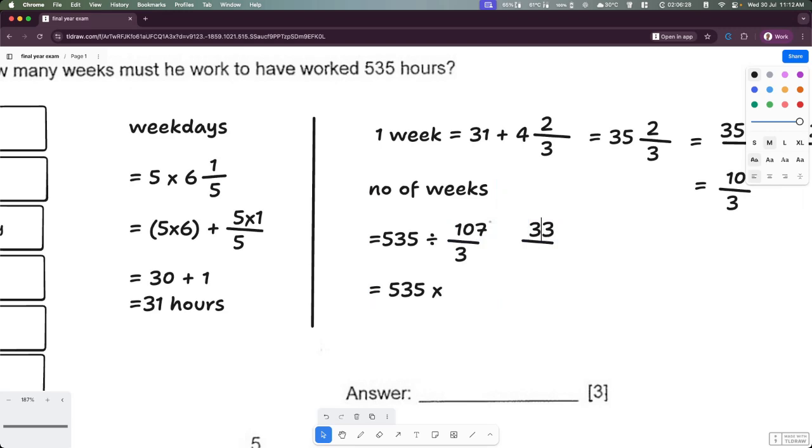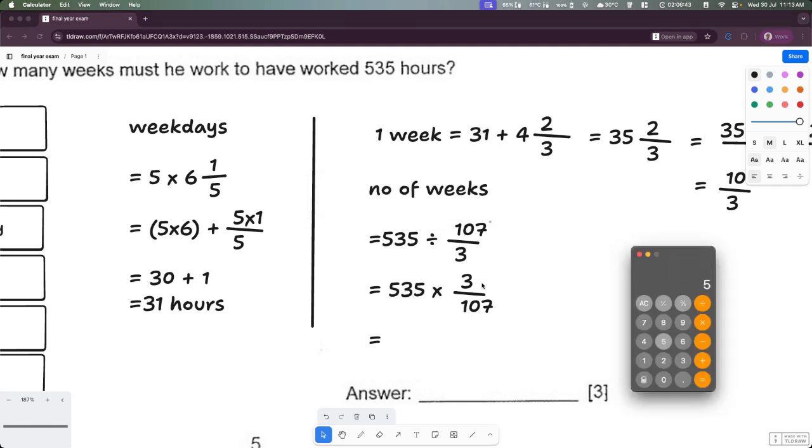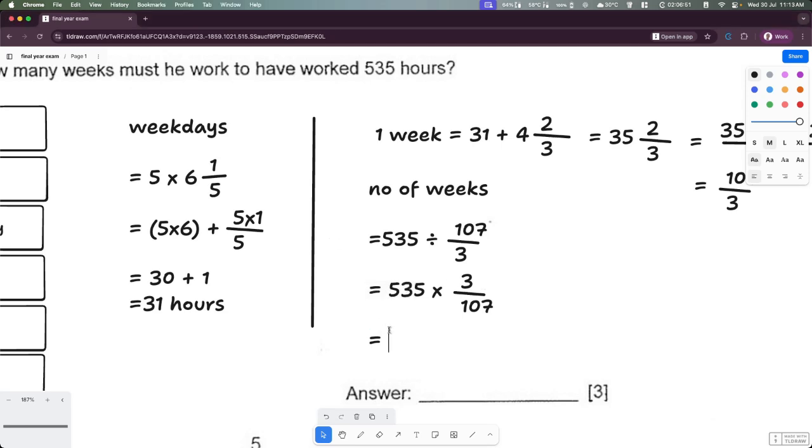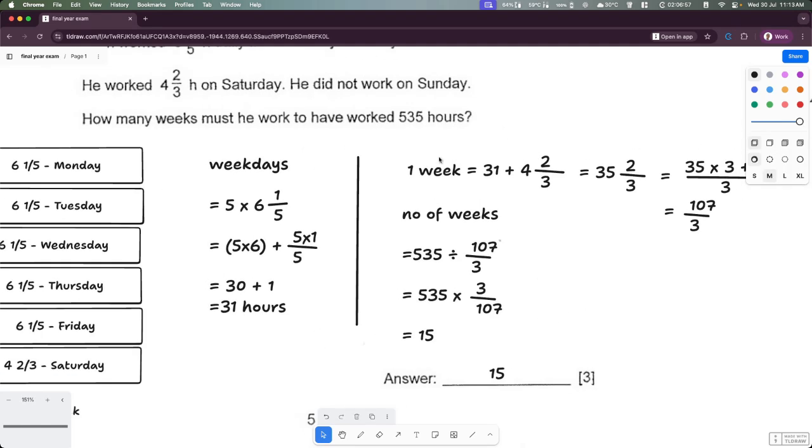So I'm going to put here 3, this will be 107. Okay, and what would this give us? Okay, so you can use the calculator, which is, in this case, 535 times 3, then divided by 107. This will give us 15 weeks. And there you go. That's the answer. The answer is 15 weeks. Right? Okay, that's it.